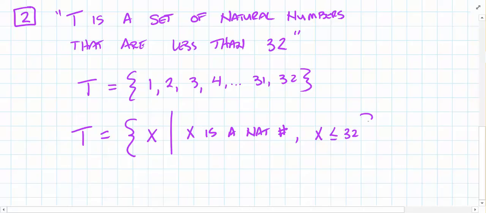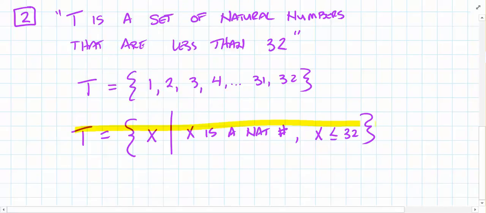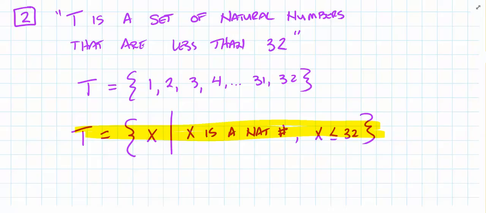So combining the inequality statement with set builder notation is a much more sophisticated way than just writing out 1, 2, 3, 4, all the way up to the number 32.